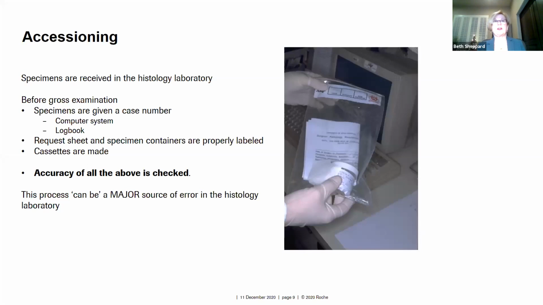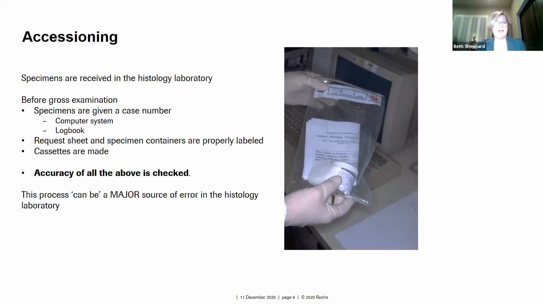One of the key areas where problems can happen is the accuracy of the sample, the actual receipt into the laboratory, making sure that the labels are correct and that the specimen container matches the labeling of the cassette.